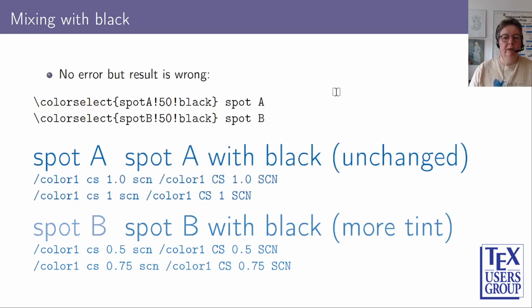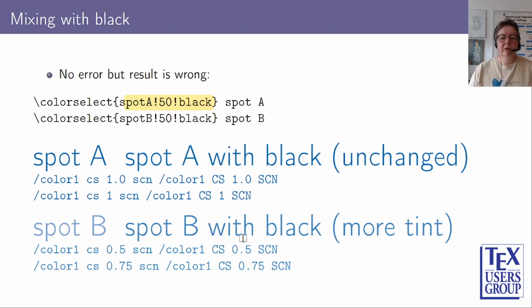Mixing with black is more difficult. When you mix with black, you actually want to add an ink. You don't want to simply change the tint. Simply using again the normal mixing command doesn't give the correct result. If we do this, we can see that spot A simply doesn't change at all because it has already tint 1 and higher is not possible.